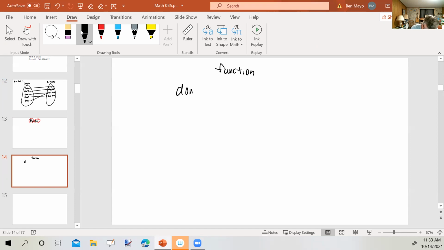You've got the domain and the range. Another name for domain would be input or X value or first coordinate.